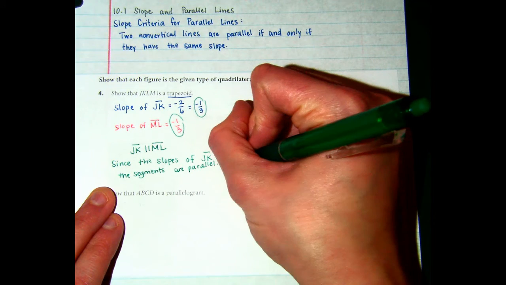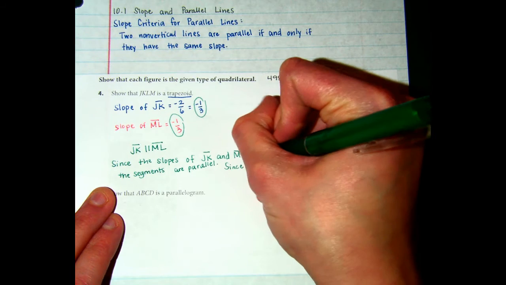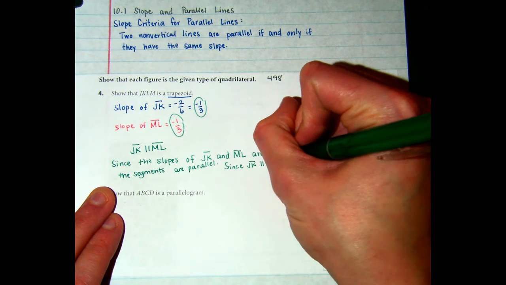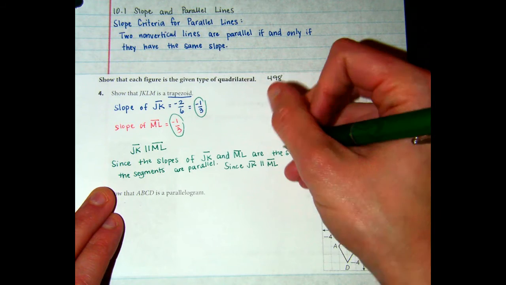Then, since they are in fact parallel, by the definition of a trapezoid, JKLM is in fact a trapezoid.